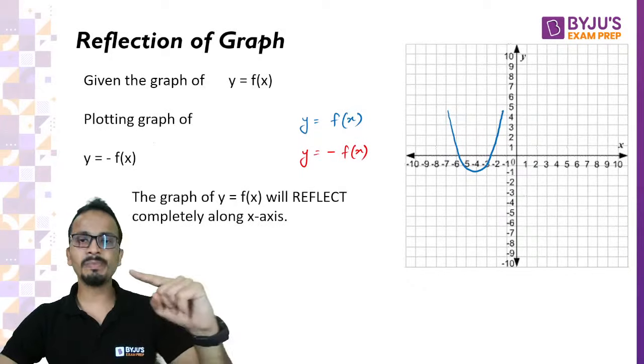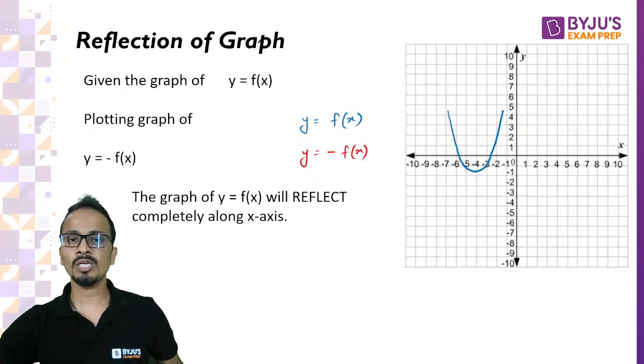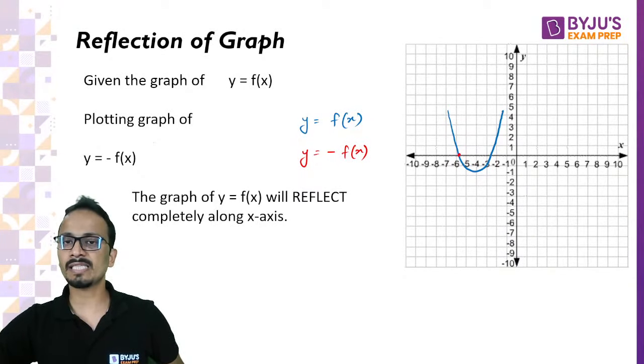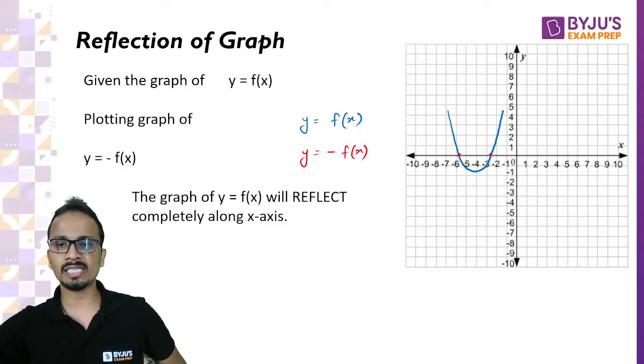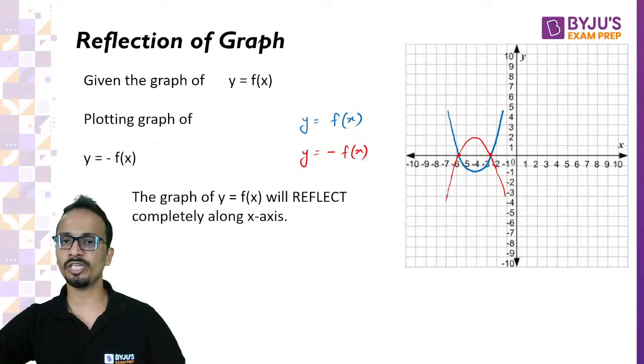So this graph will be completely reflected. Yes, Satyam, it will be a mirror image. Good. So this graph will be completely reflected along x-axis. Or you can say that it will become a mirror image. So the new graph will be something like this, a proper mirror image of the original function.